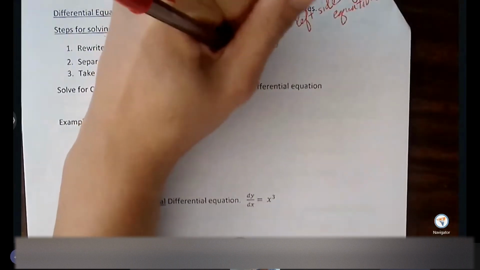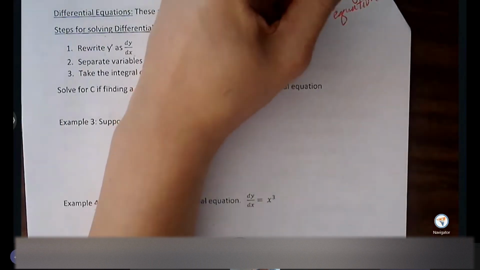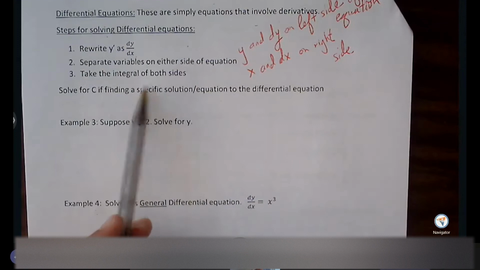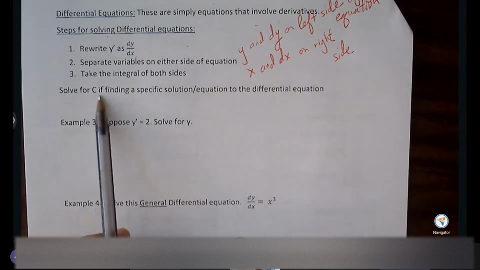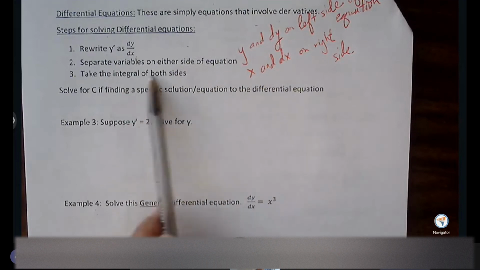And then we want the x and dx on the right side of the equation. After that, we'll take the integral of both sides. And then we'll solve for c if we need to, if it's asking for a specific solution.